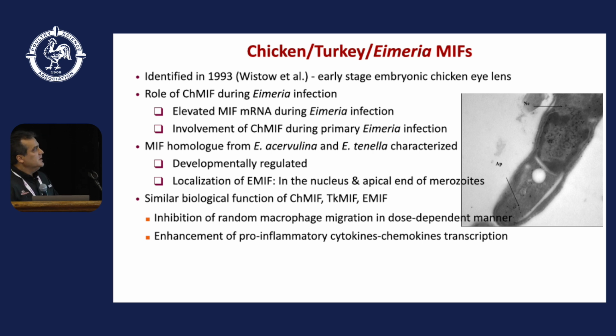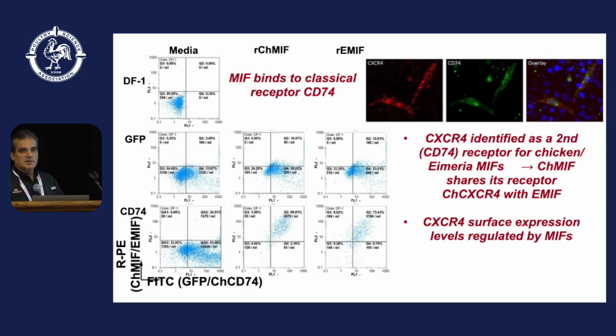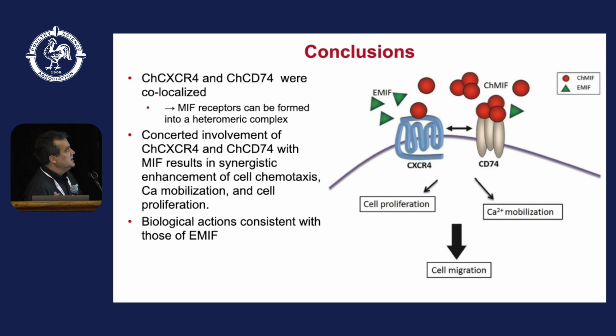And following that, we wanted to see whether or not they act the same way. And sure enough, in addition to a major receptor that's called CD74, these Eimeria MIFs use the same CXCR4 receptor, or the complex receptor, for both the chicken MIF and the Eimeria MIF. So they're acting the same way as the chicken MIF itself.